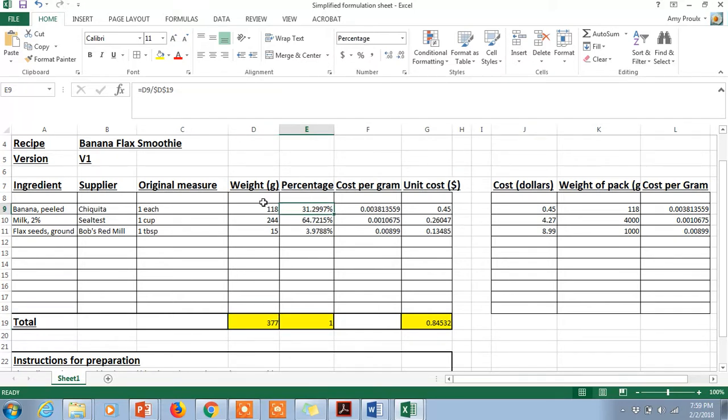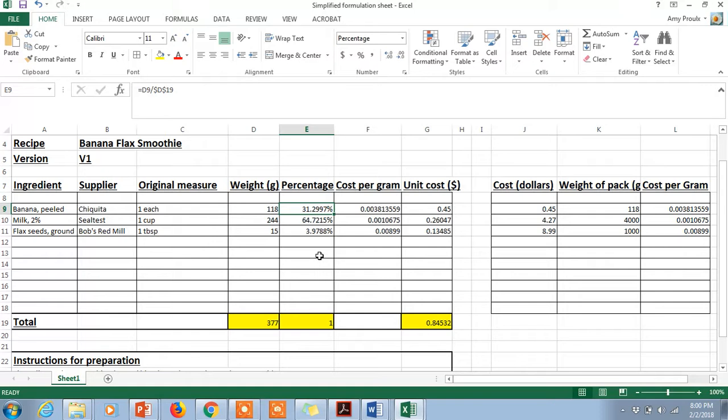If we take the value in D9 divided by the total weight of our recipe, that will give us our percent. And I use the percent tab up here so that it's expressed as percent. And again, I'm not rounding away all of my significant digits because a fraction of a percent could mean a huge difference in our formulation, especially when we scale it up.